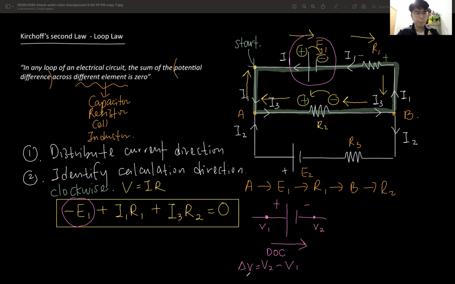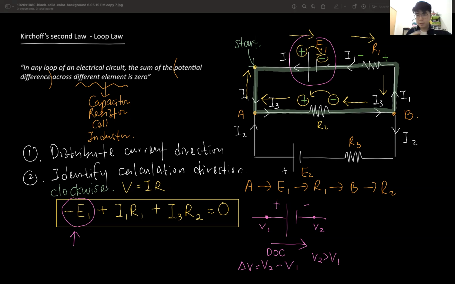Do you think the positive side of the battery has a higher potential or the negative side? The positive side has higher potential, right? Because the negative is already 0. So if I take V2 minus V1, you get a negative value. That's why you have a negative potential here, minus E1. Because V2 is bigger than V1.